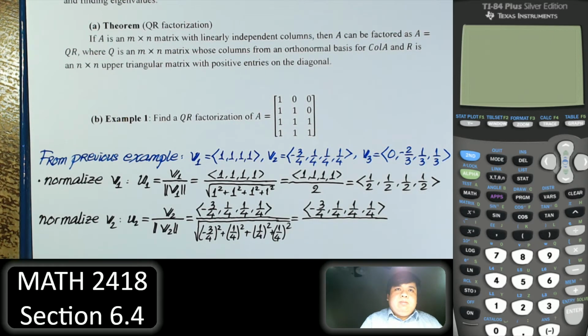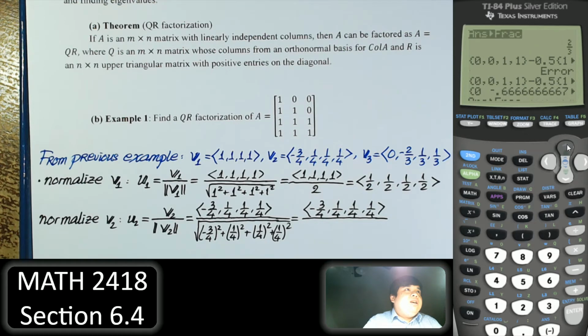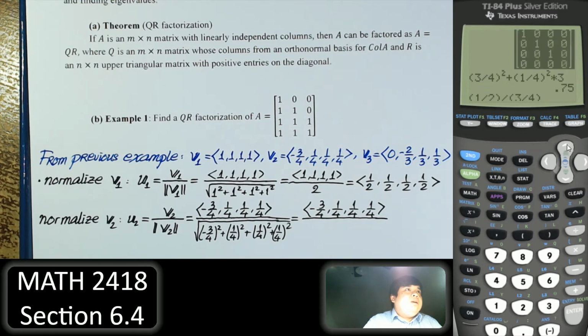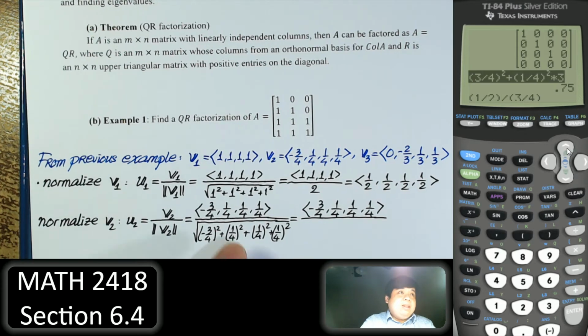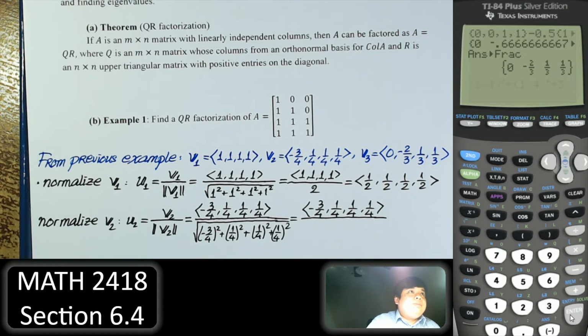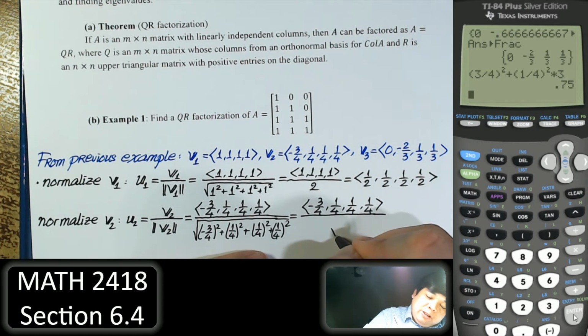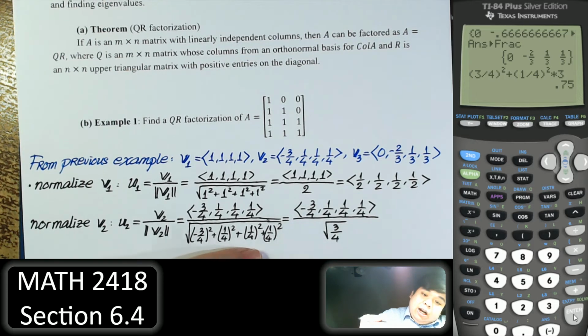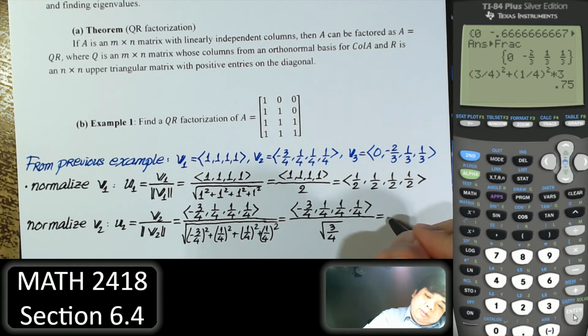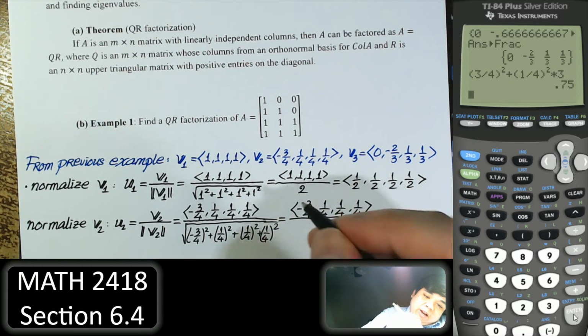I think we did the denominator. Where was that? Oh, here. Yeah. Right, 0.75, which is the square root of 3/4, which gives us the vector v2.